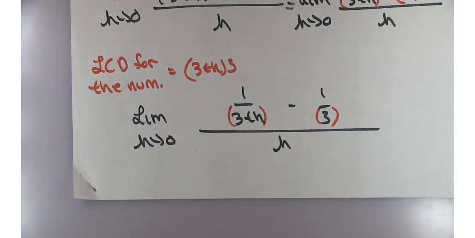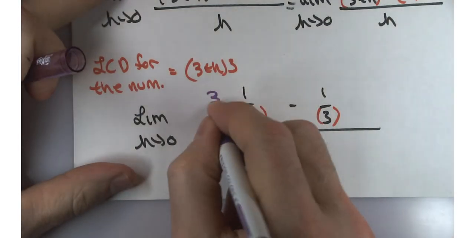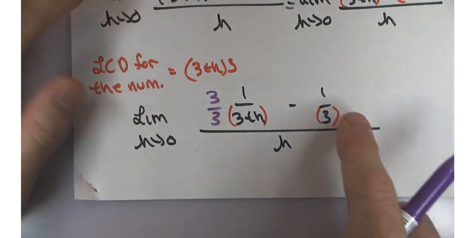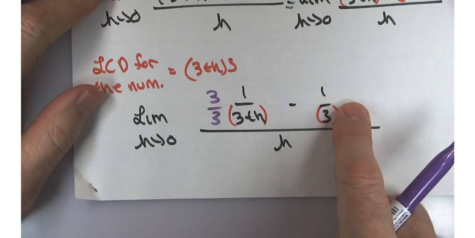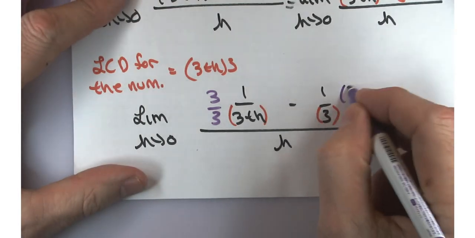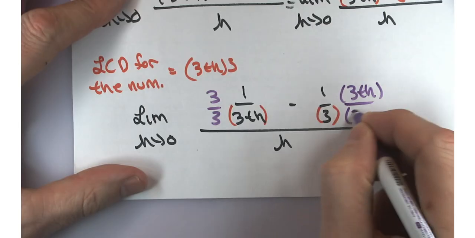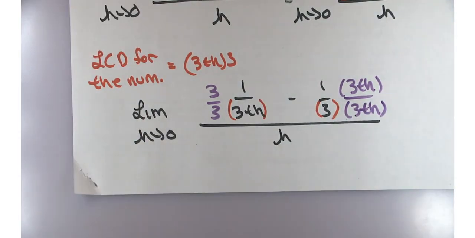Now I can't just put in a 3, but I can multiply by 1 in the form of 3 over 3. What am I missing here? 3 plus h. Now it's a lot of messy algebra, but this is really what we need to get going on this one. So let's work on some of that messy algebra.